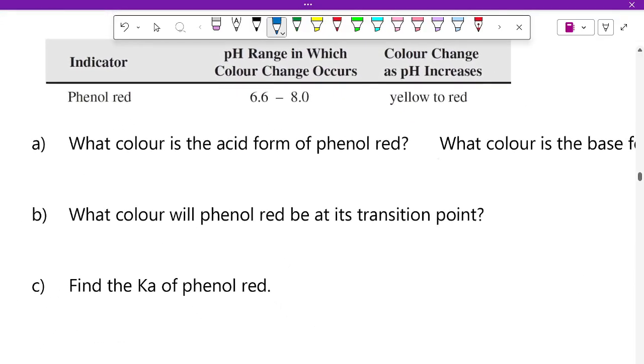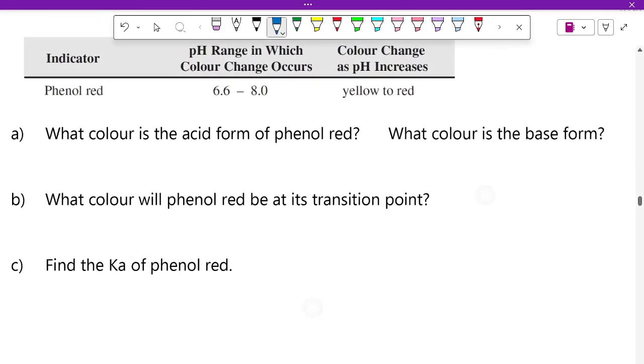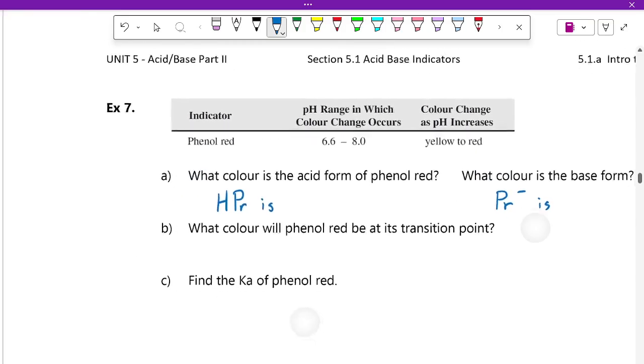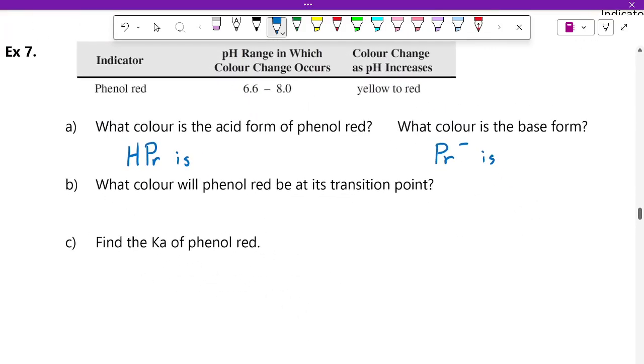You're going to tell me the color of the acid form of phenol red, the color of the base form of phenol red, the color at the transition point, and then you're going to find the Ka. If you finish example 7, you can try example 8, which is going backwards.